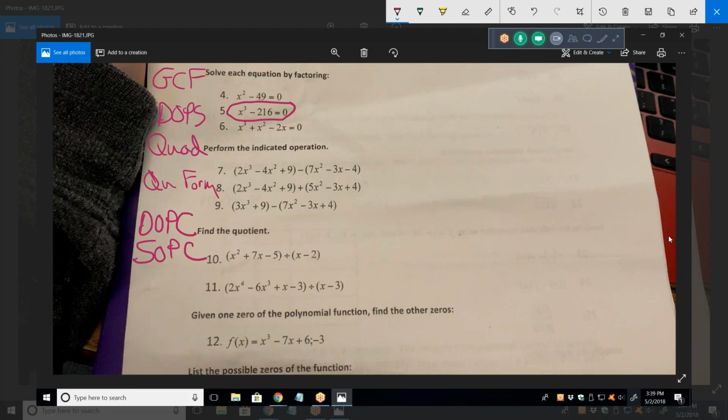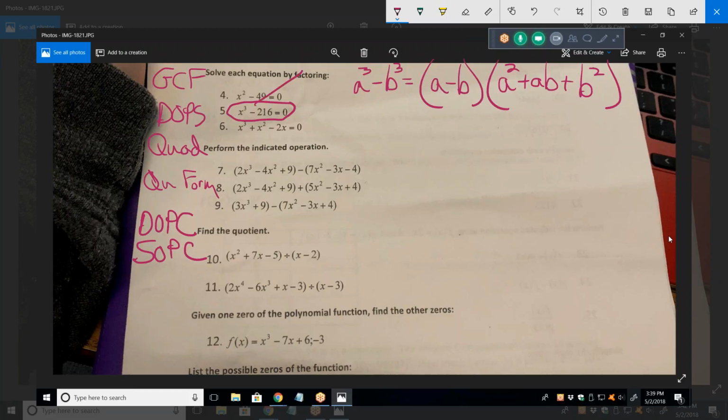So what you need to know here is that a cubed minus b cubed is equal to a minus b times a squared plus ab. The plus is always opposite this sign, plus b squared. I didn't realize you had gotten to difference of perfect cubes, but that's what that is.